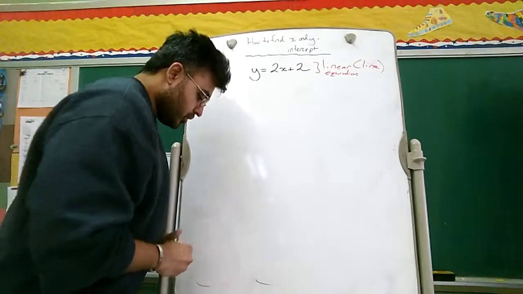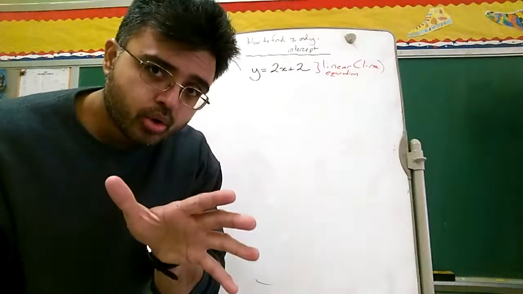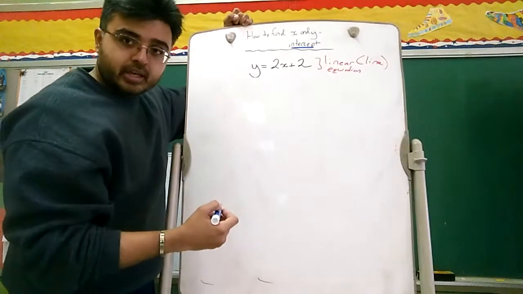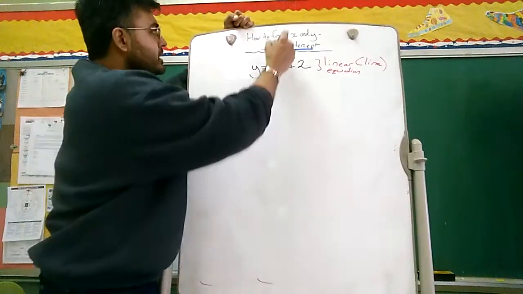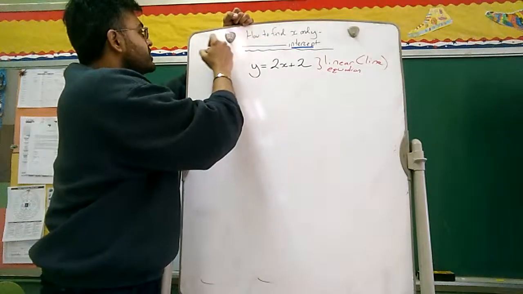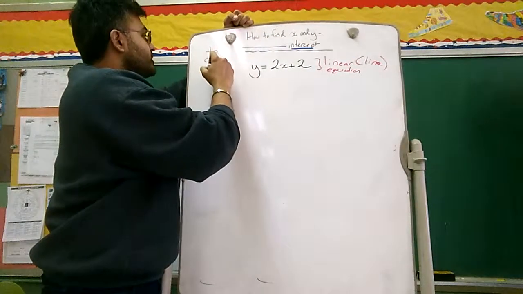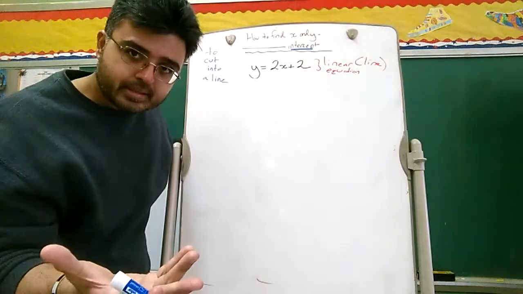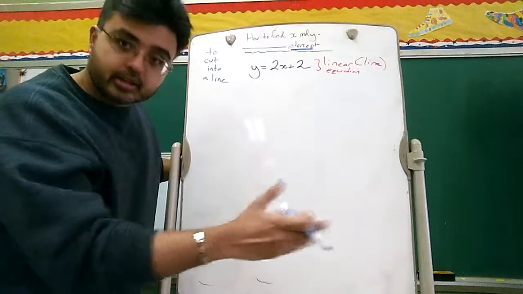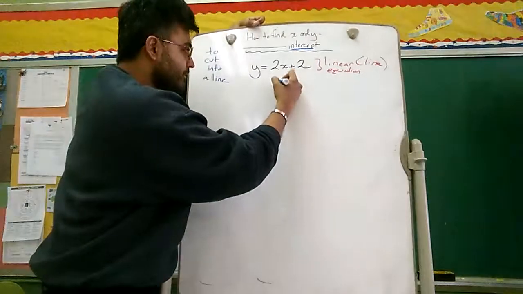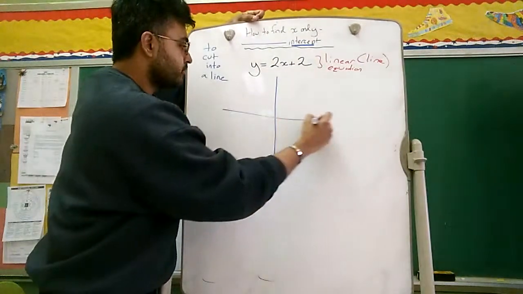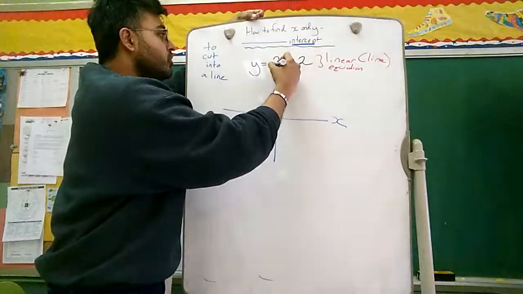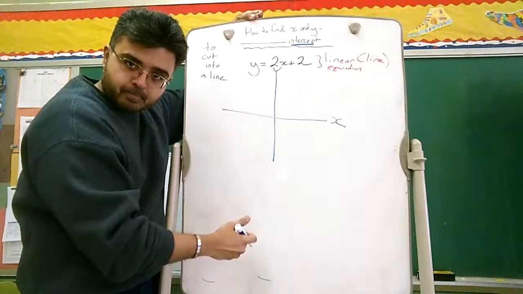However, what I'm trying to teach the kids now is this concept, intercept. Intercept basically means to cut into a line. That's what it means, intercept, to cut into a line. So let's take our coordinate graph. You have your x-axis, which is the horizontal, and you have the y-axis, which is the vertical.